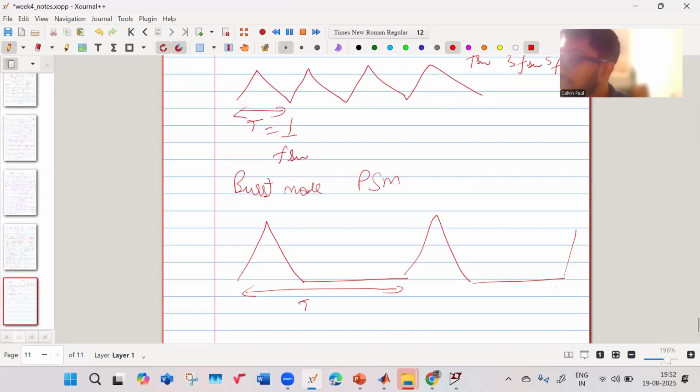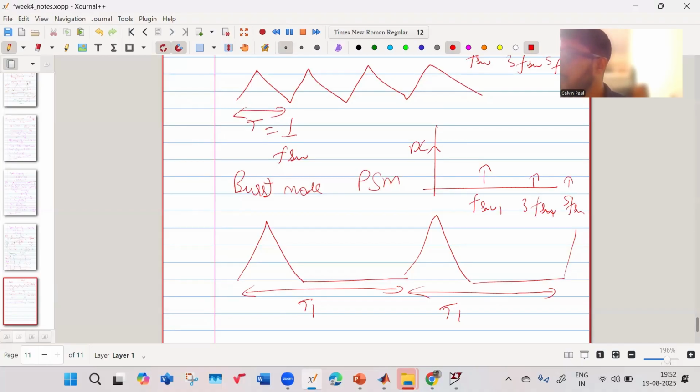If this is time T1 and this is time T1, your spectrum will have a DC component, FSW1, 3 FSW1, and so on. This is your harmonic spectrum.